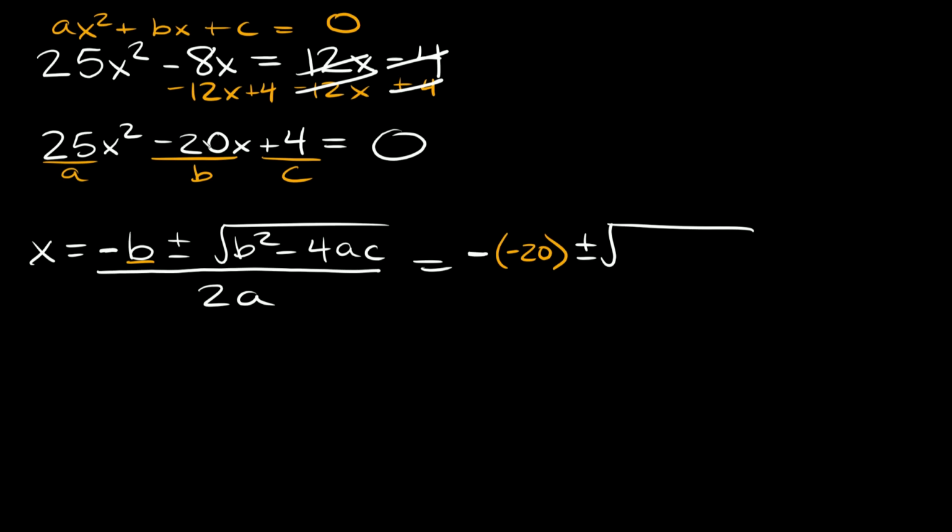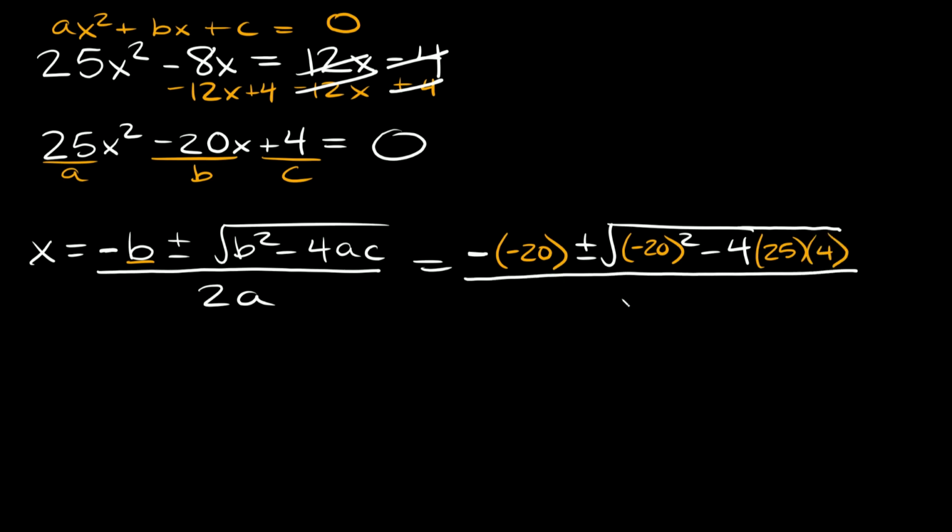So b squared, again, is going to be negative 20 squared, minus 4 times ac. And a is 25 and c is 4, so 25 times 25 and times 4. Okay, and again, this is all over 2a, and a is 25, so we have 25 right there.